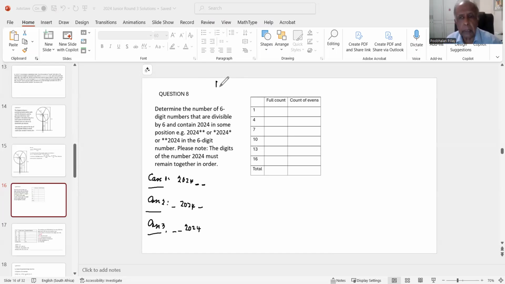Okay, the numbers are divisible by 6. So therefore, they are even. It's a multiple of 2. They're even. It's also a multiple of 3. And for a number to be a multiple of 3, the sum of all the digits is a multiple of 3.